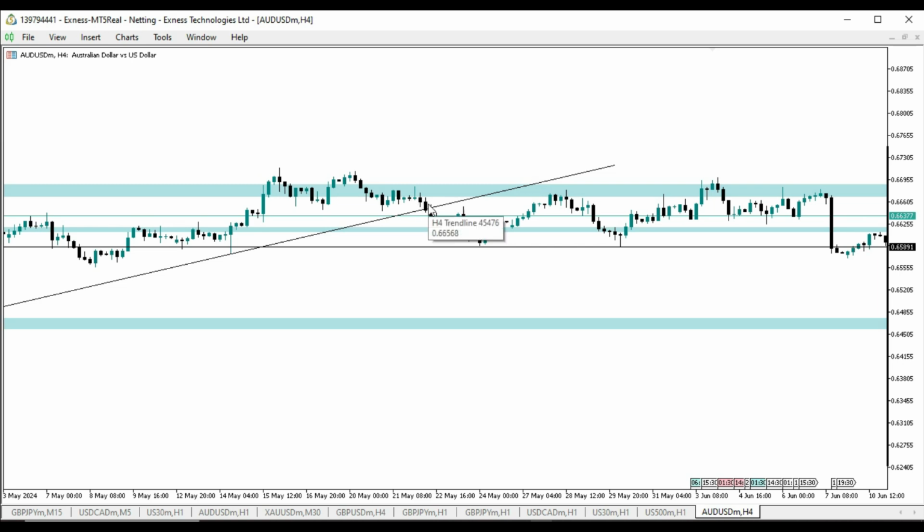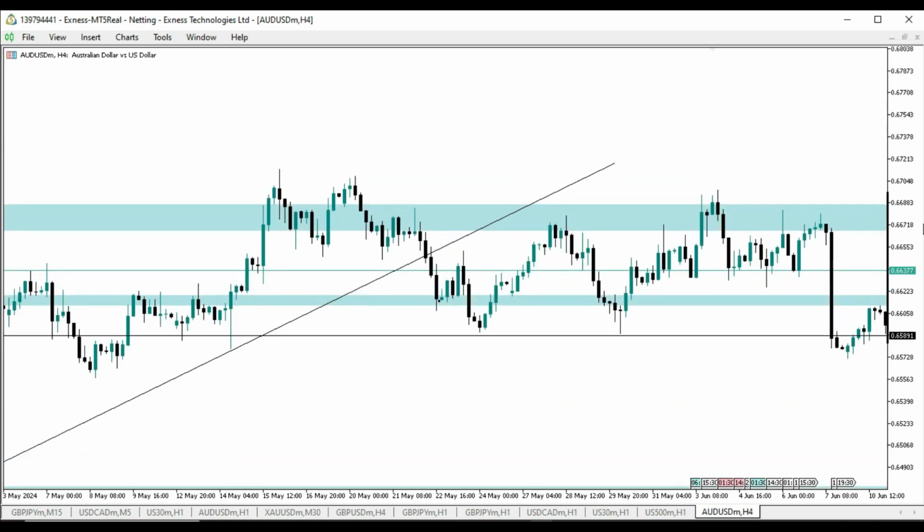Imagine you were observing this market and you say, because this market bounced off here, this trend line will surely hold the market and it will bounce off. So let me enter as soon as the market gets here.